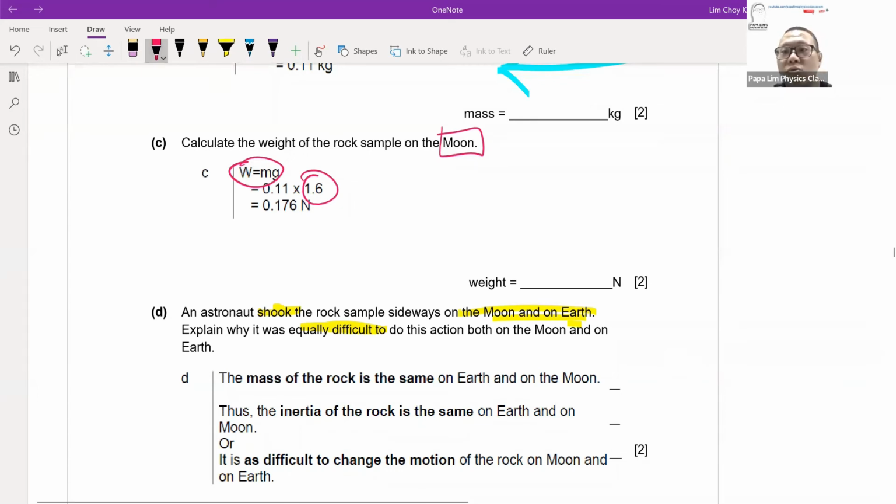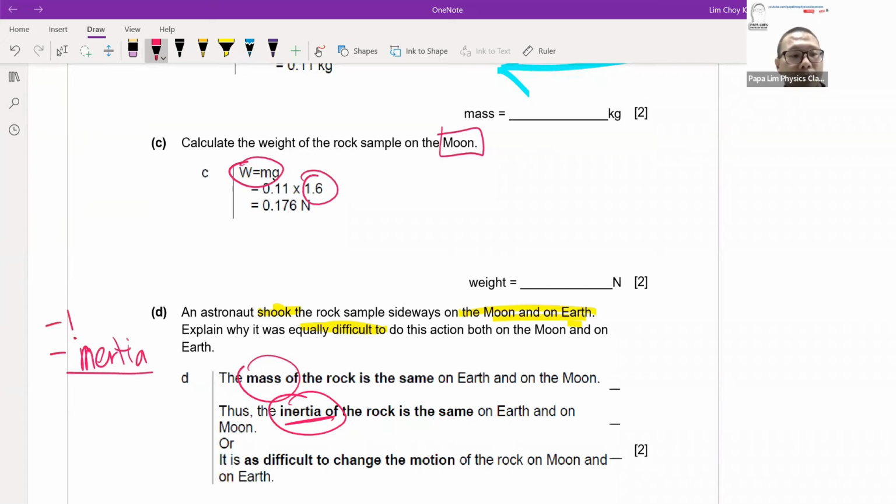So when we talk about that particular instance, we are looking for the students to be applying the concept of inertia on the object. And when we look at inertia, we are actually looking at the mass. We are looking for the students to use the word mass, because these two are related, and also keywords like reluctancy to change motion.